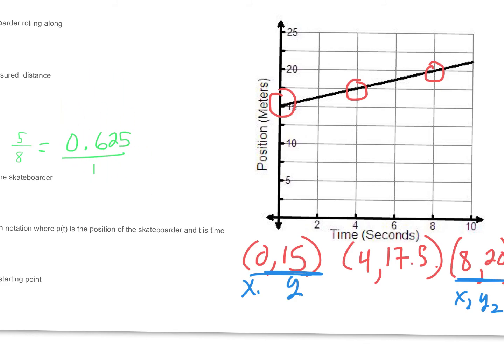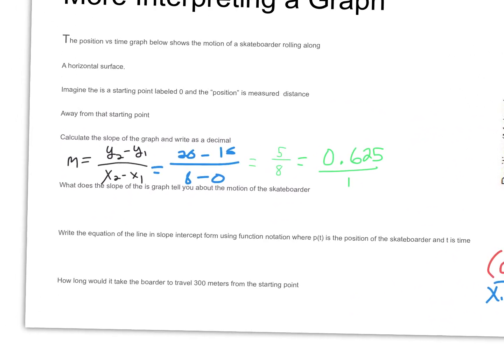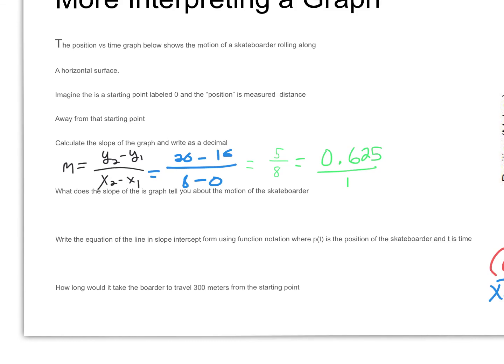That we're moving 0.625 meters every second. So answering my question, what does the slope of the graph tell us in this case? We move 0.625 meters away from start every 1 second.